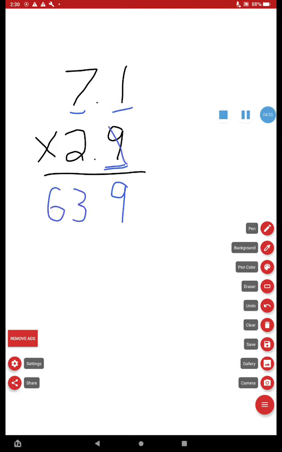Get rid of the 9, put a placeholder. 2 times 1 is 2. 2 times 7 is 14.